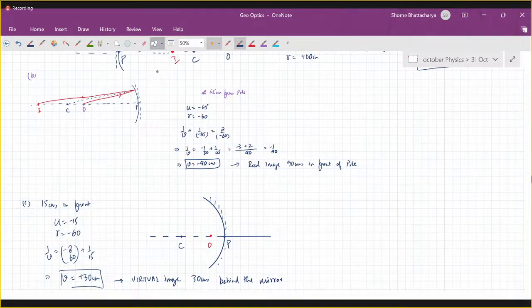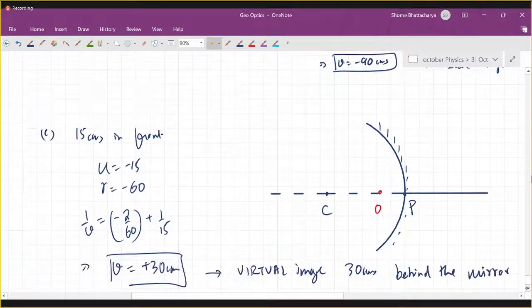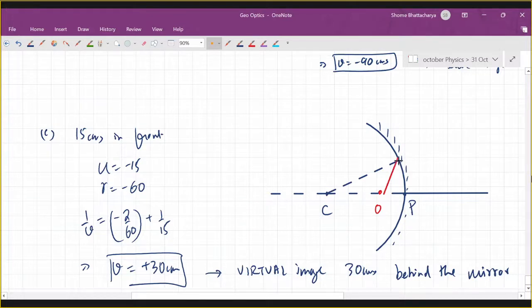Okay. Okay, so such an incident ray after reflection will become divergent.